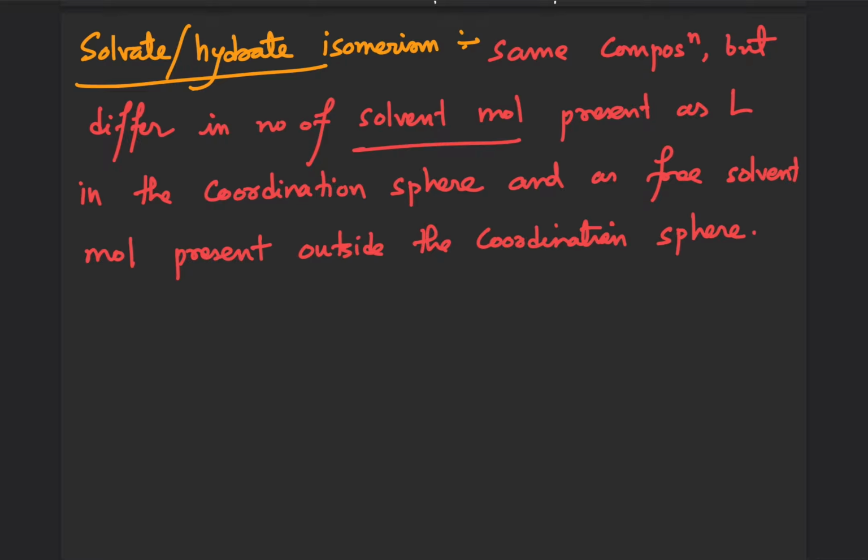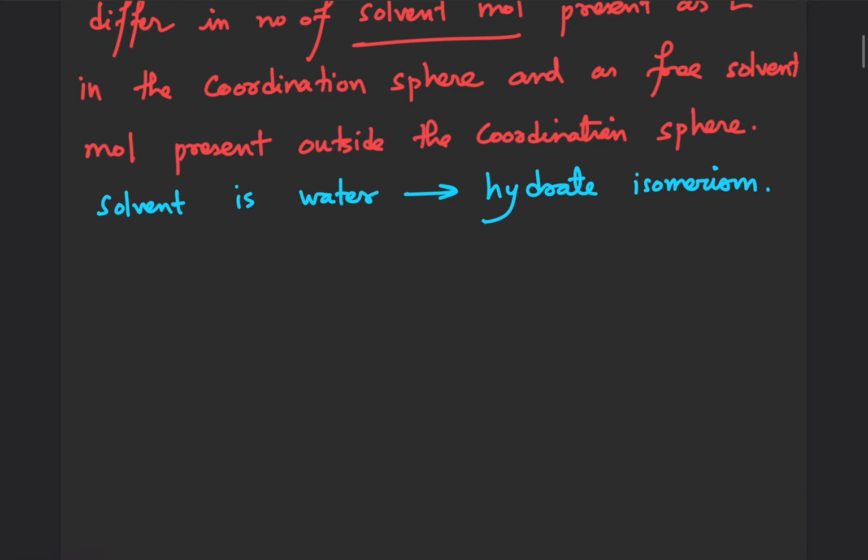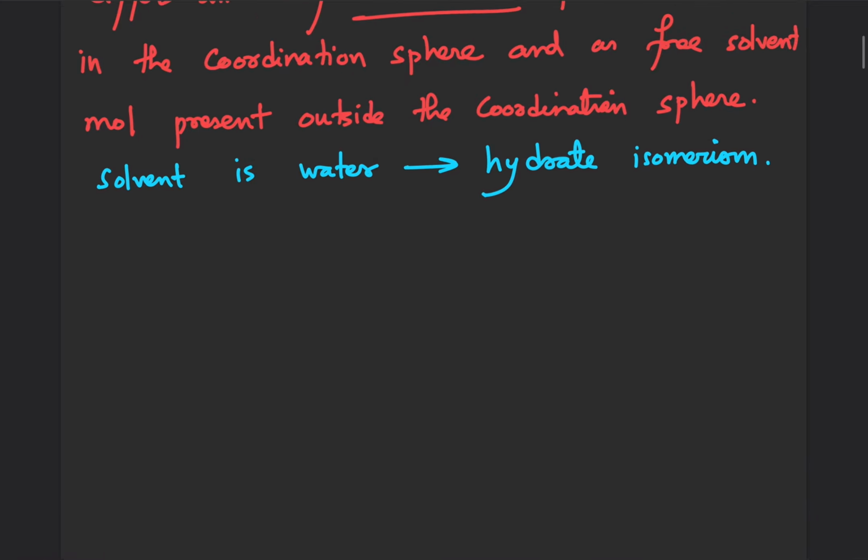And if the solvent mentioned in the formula is water, then it is known as hydrate isomerism also. To understand this, let's take an example. Let's talk about option D.